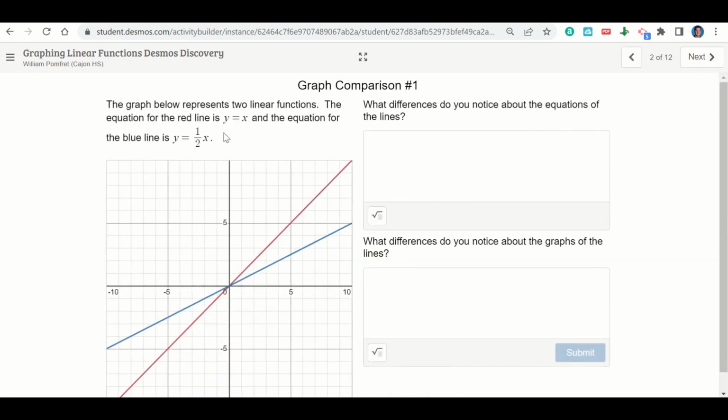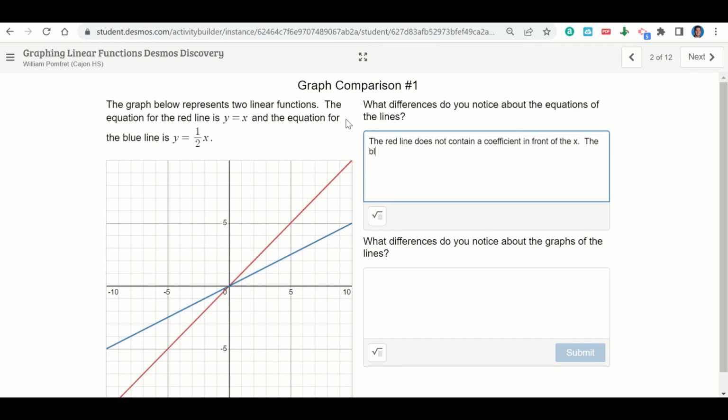And on this one it says there's 2 lines graphed. The equation for the red line is y equals x, and the equation for the blue line is y equals 1/2 x. It says, what differences do you notice in the equations of the lines? Well, I can say that the red line does not contain a coefficient or a number in front of the x.